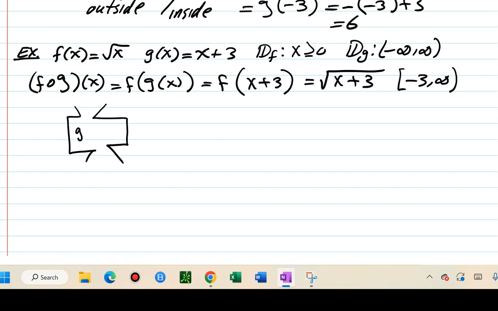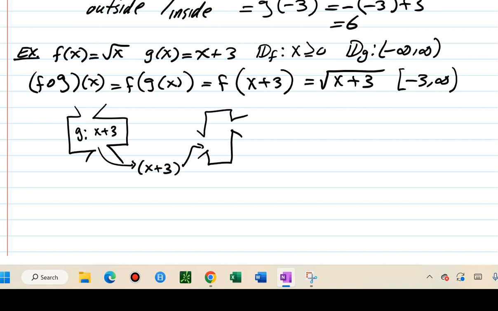Remember, g is processing first. That's x plus 3. So output from this could be all real numbers, right? Output from this is going to be x plus 3. And that will go into the machine here.